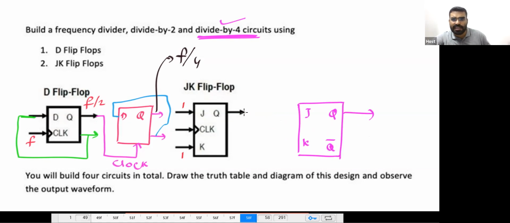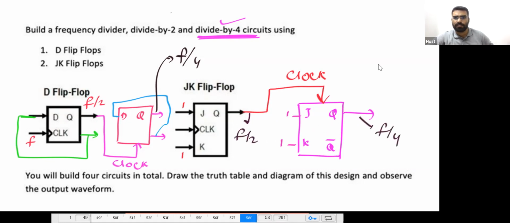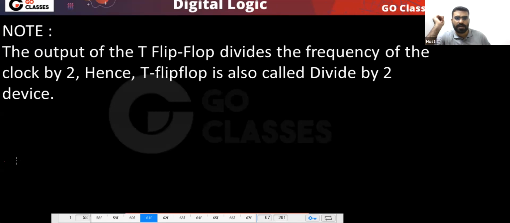No. You will give this as a clock. And this J will be connected to 1, this K will be connected to 1. Now you can notice that here you have the frequency F by 2, and here you have the frequency F by 4. Like this you can create a frequency divider by 2. So this is the idea.